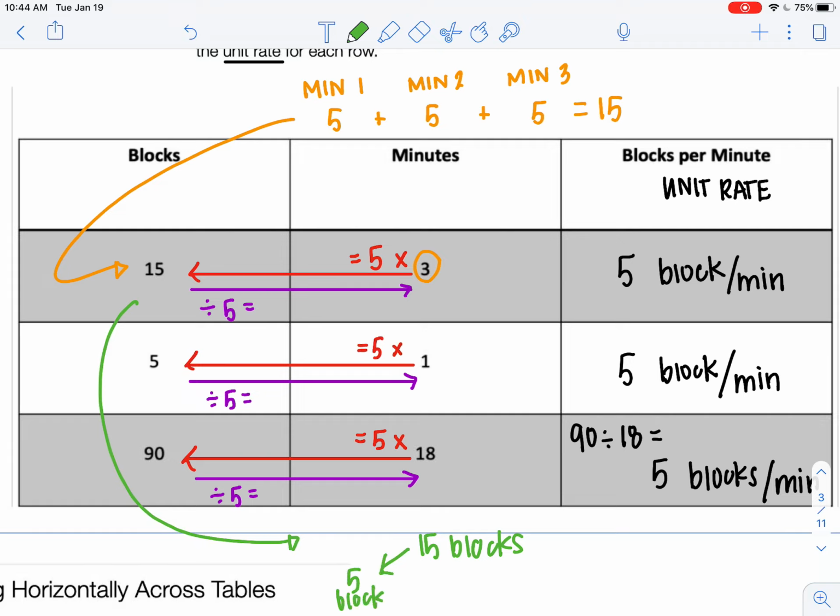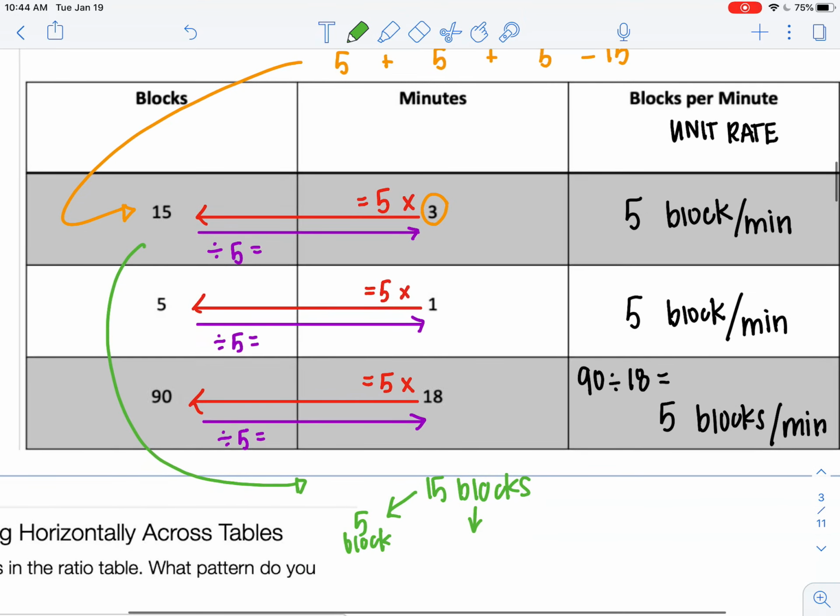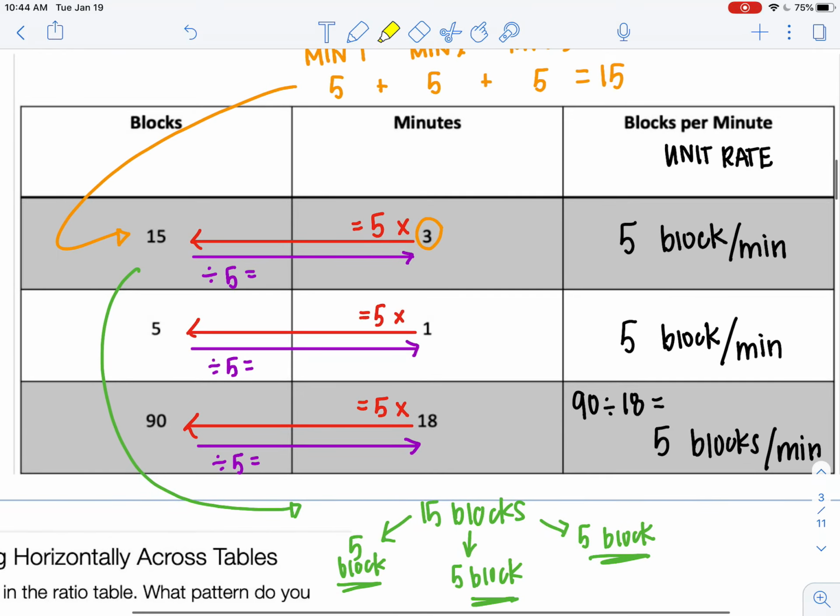That'll be 1 minute. Another 5 blocks. That'll be 2 minutes. And another 5 blocks. That'll be 3 minutes. I'm dividing the number of blocks into groups of 5 blocks because each minute has 5 blocks. And so as I'm working across my table, I can always follow this pattern.